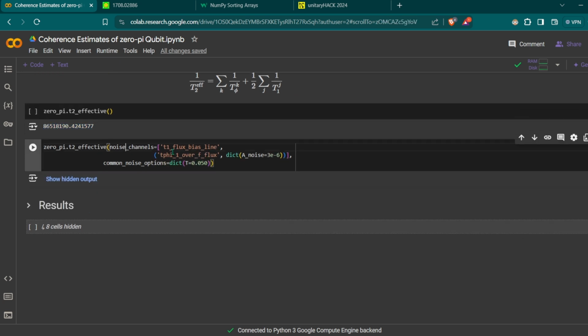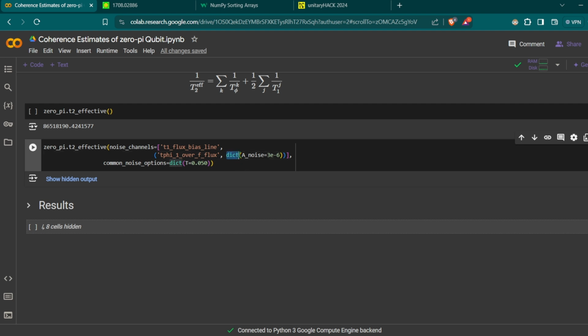We can also directly use these parameters inside the method to call the necessary effective channels which we are going to use for calculating the T2. The noise channels we have considered for this command are the T1 flux bias line and this T5 1 over f flux.